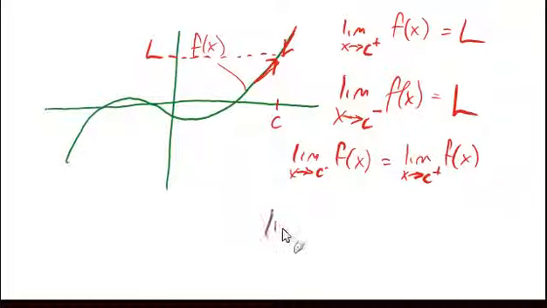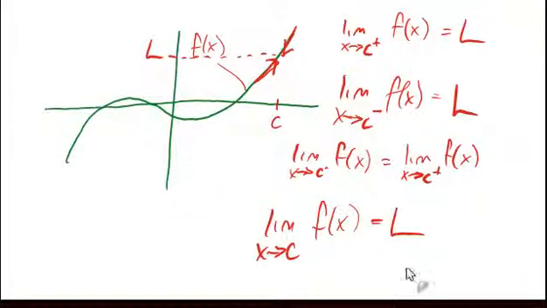So just the limit, as we defined it in the previous section, a regular old limit, has to have the same value on the right and on the left. Since the right-handed limit and the left-handed limit, which is just another way of saying the values that we're approaching when we're on the right of x and on the left of x, are the same, then our limit is L. It's just another way of expressing what we had in the last section.